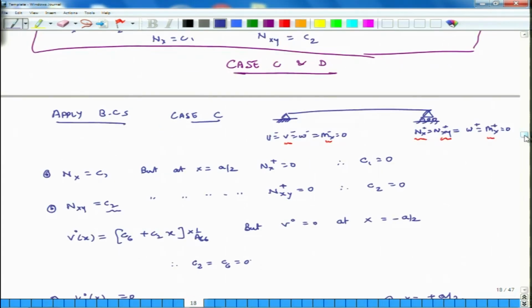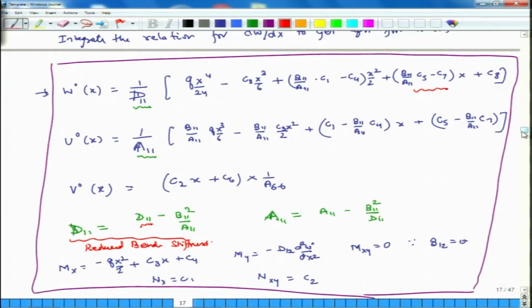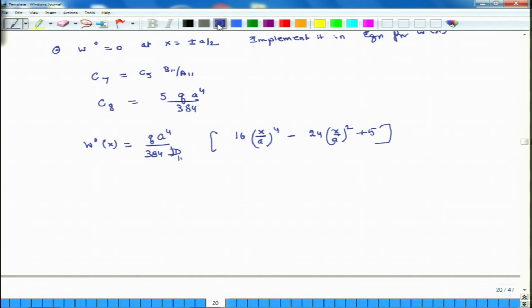So, we have now applied 7 boundary conditions. The only boundary condition which is left is now on u. So, now we apply the 8th boundary condition, which is on u, on the equation for u naught.